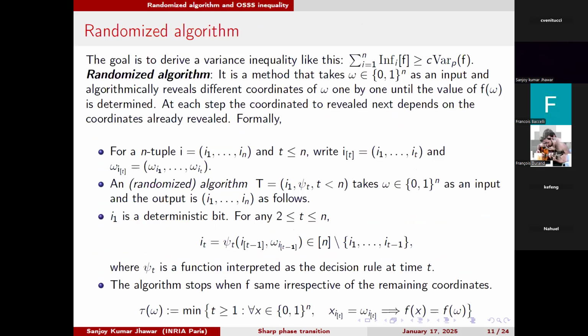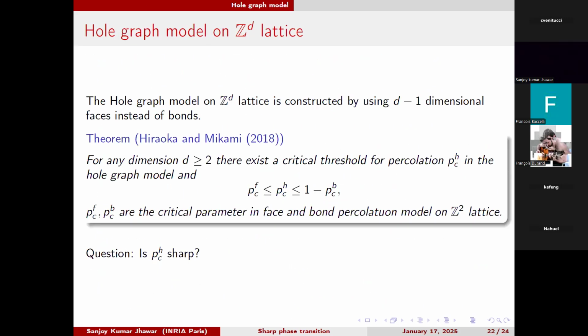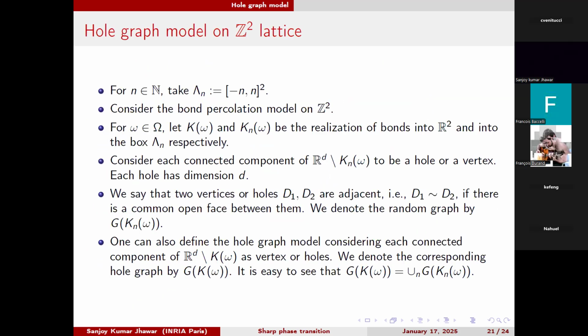Okay. So at the end, let me say a new model that I'd like to understand and prove a sharp phase transition result on, a model that is derived from this type of bond percolation model.